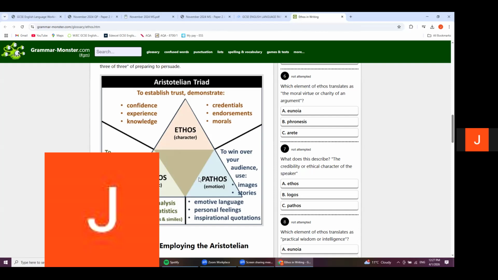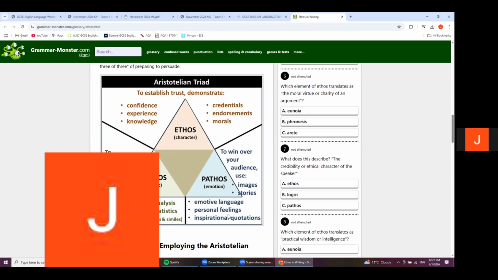So ethos and logos. Pathos, because it's an article, definitely we can use pathos. But if we were asked to write an essay, maybe I would be tempted to mute the element of pathos a little bit. It's all about balancing the three in approach to what we're being asked to write. So we can use emotive language, definitely personal feelings, inspirational quotes.